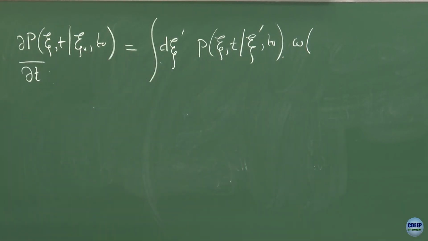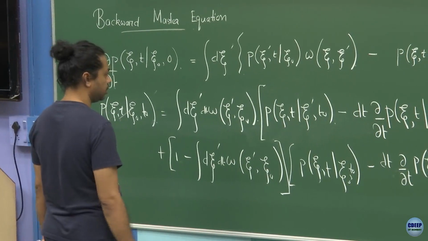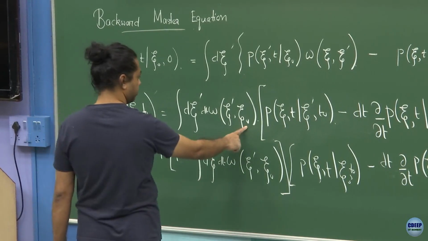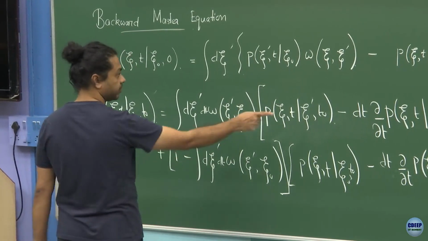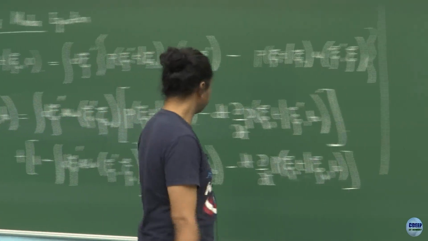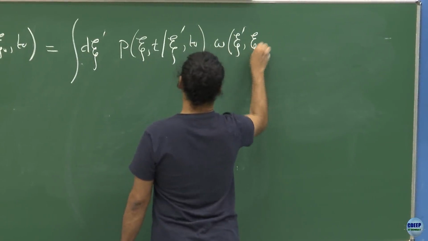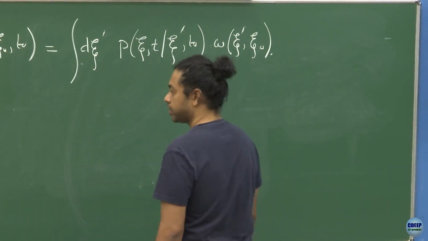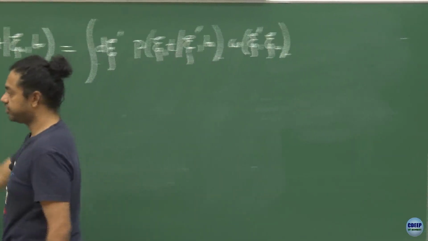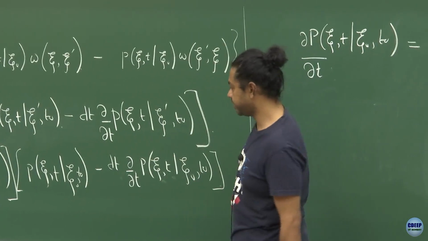Have I written this correctly? Was it psi prime psi naught? Psi naught to psi prime. Yeah, that is fine, right? Because it is at psi prime, it has to go to psi. Omega psi prime psi naught. And this term is of order dt squared, so it doesn't matter.